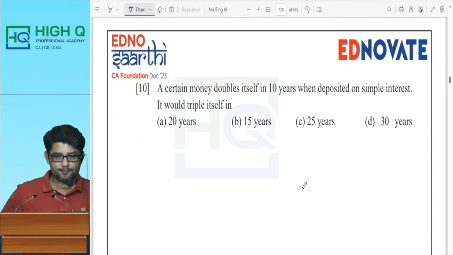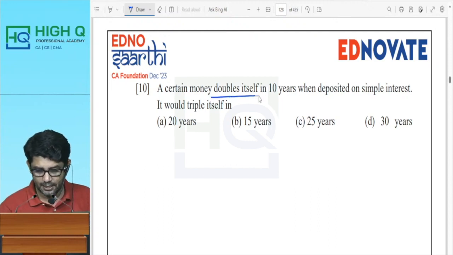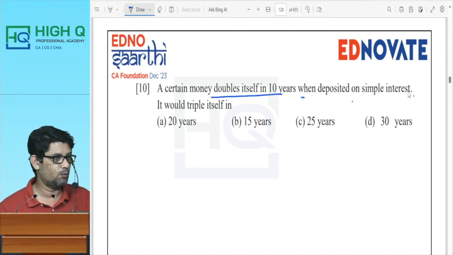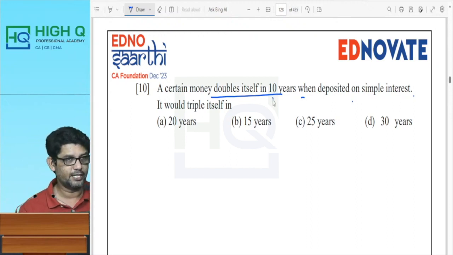Now listen here. A certain money doubles itself in 10 years. When deposited on simple interest, it will triple itself in what? This rule is already given to you.